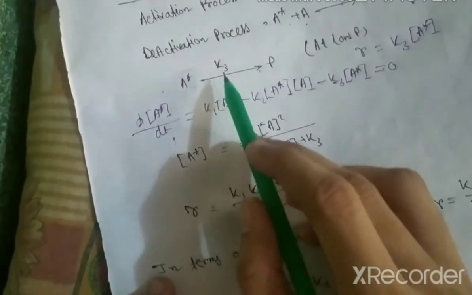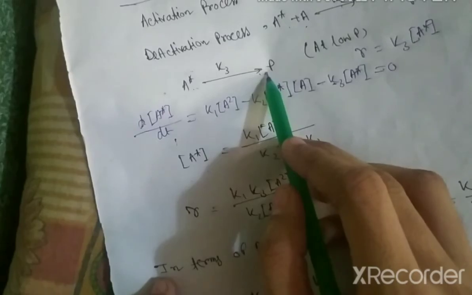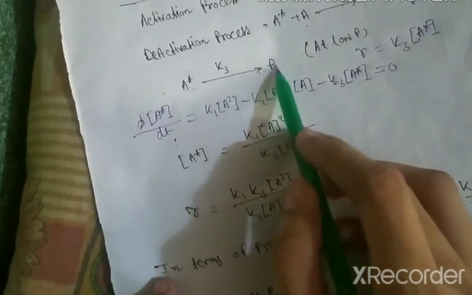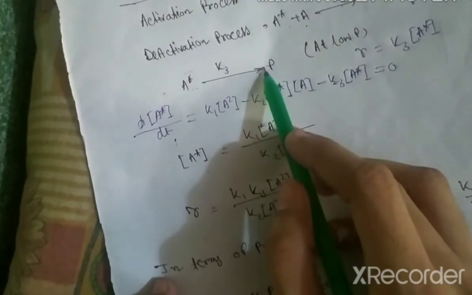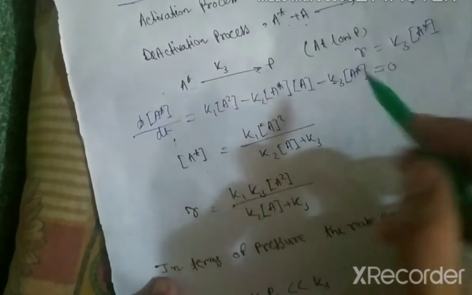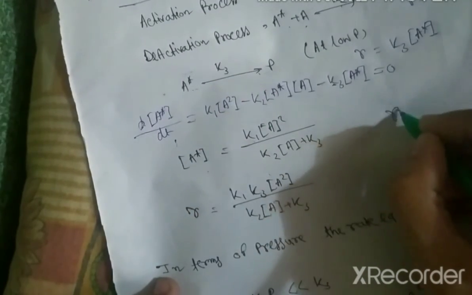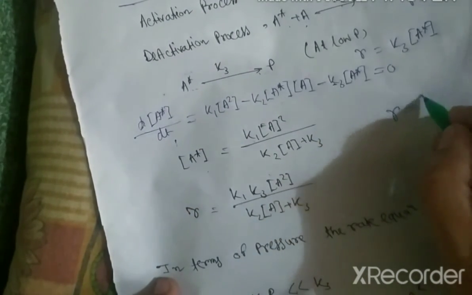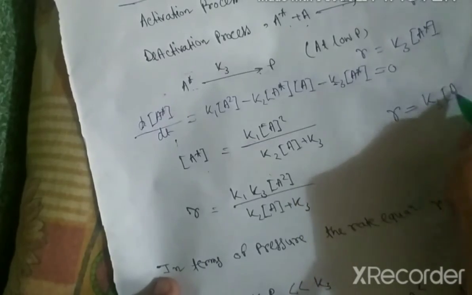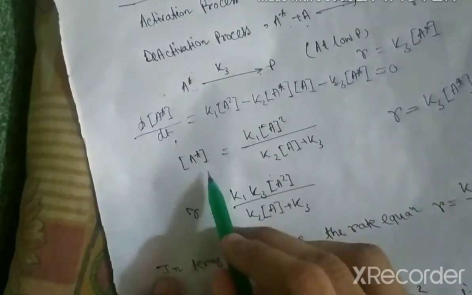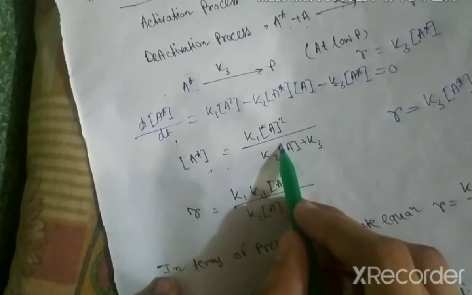Again, in the step A star to P the product is formed and this is the slow process, the rate determining process, hence we can also write rate is equal to k3 into concentration of A star, and we know the value of A star.